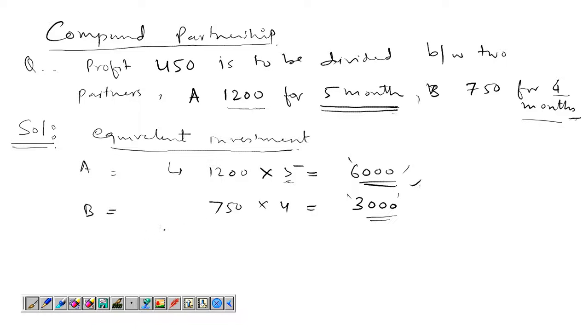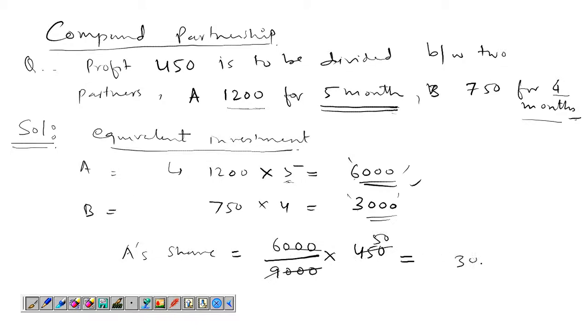Now A's share in profit would be his investment upon total investment, which is 9,000 rupees, 6 plus 3 is 9,000 rupees, into total profit, which is 300 rupees.